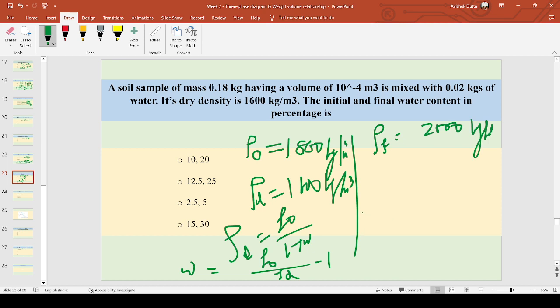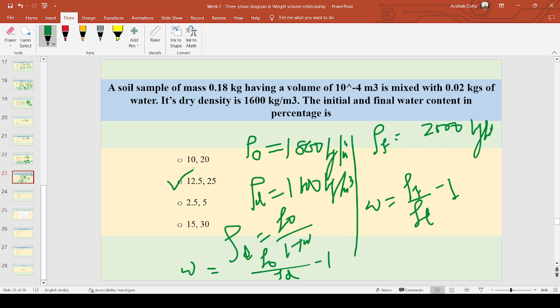In this case, the water content will be rho f by rho d minus 1. So rho f equals 2000 divided by rho d equals 1600. The answer will be option B. You can find out 12.5 and 25.